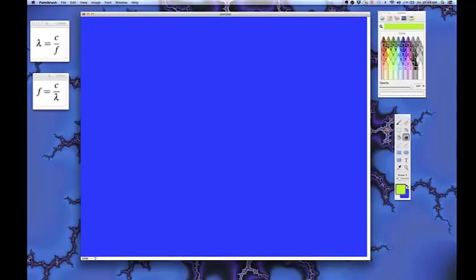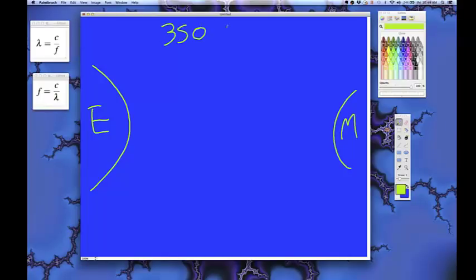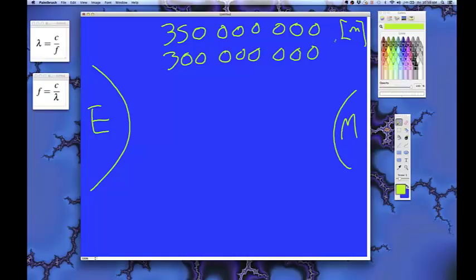So here was my diagram. I've got a picture of the Earth here and the moon over here. And the Earth and the moon are approximately 350 million meters apart. And we know that light travels 300 million meters per second.